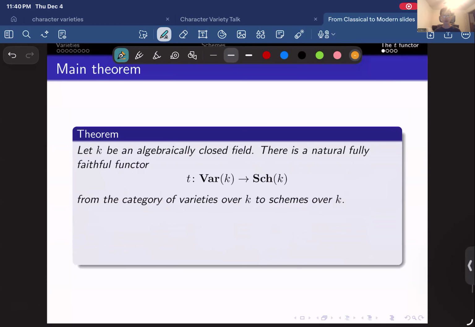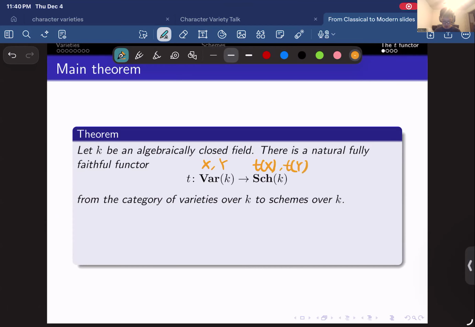So yeah, this is the main theorem I want to present today. Theorem: let K be an algebraically closed field. There is a natural fully faithful functor T from varieties over K to schemes over K. What does fully faithful functor mean? It means that if I have a map between X and Y, you can find the same map over here as schemes.